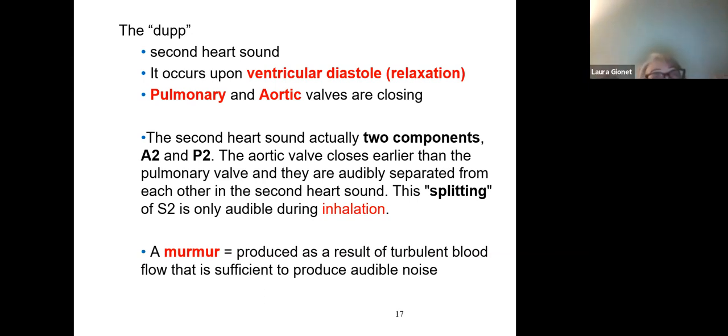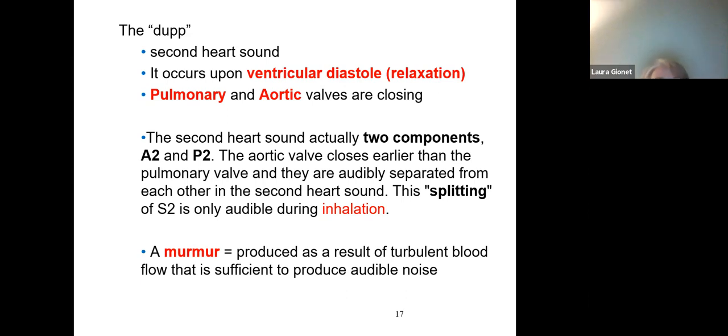It stops pushing blood up into the aorta and the pulmonary trunk. As the pressure behind it starts to cease and gravity starts pulling back down again, some of that blood falls back down and it closes the pulmonary and aortic valves. And that's your second heart sound.